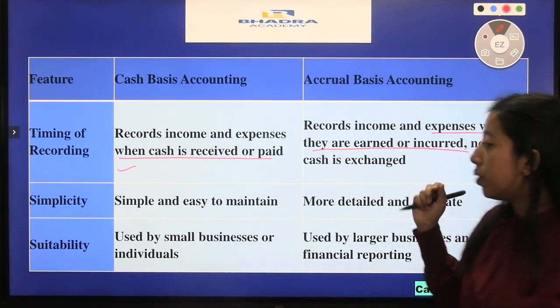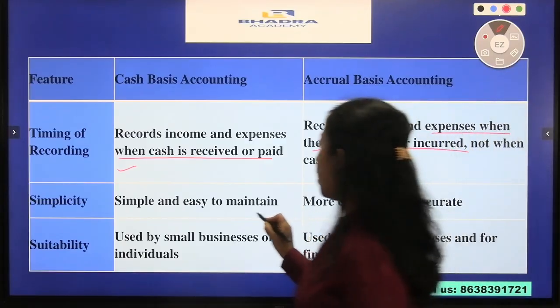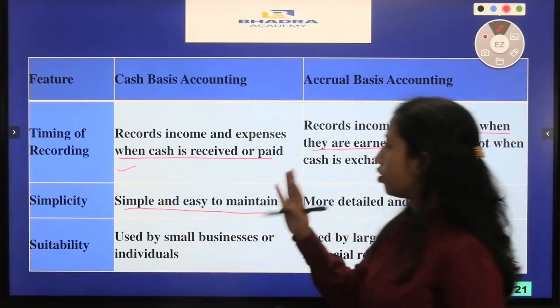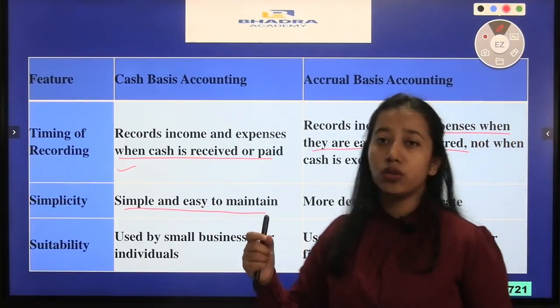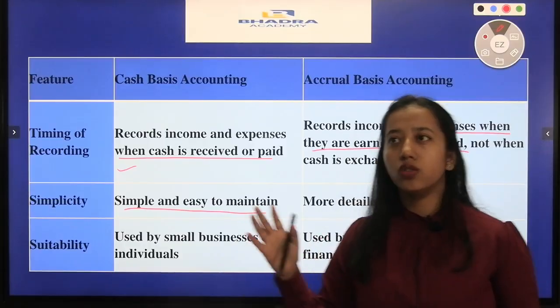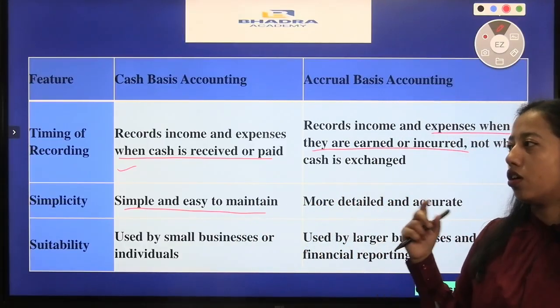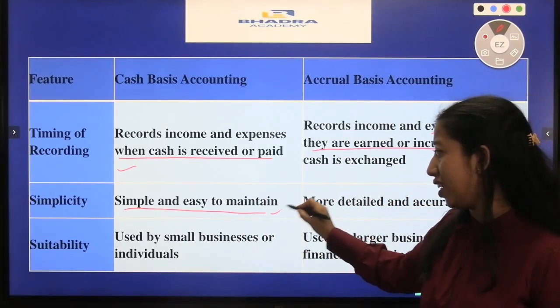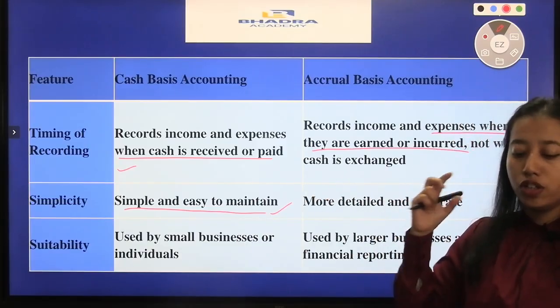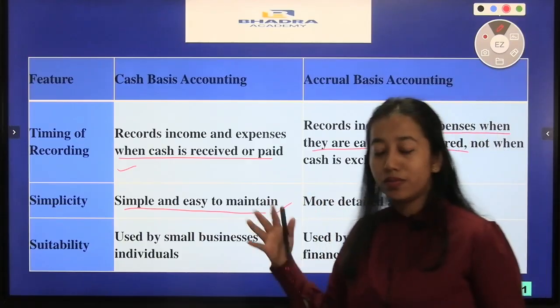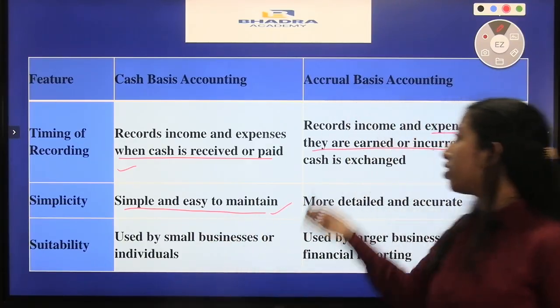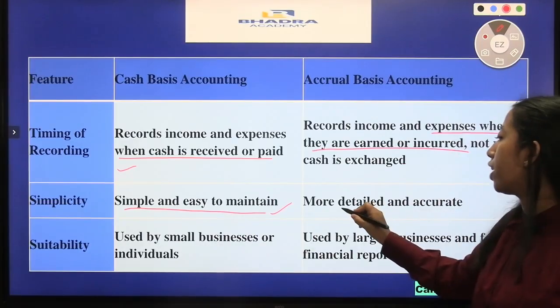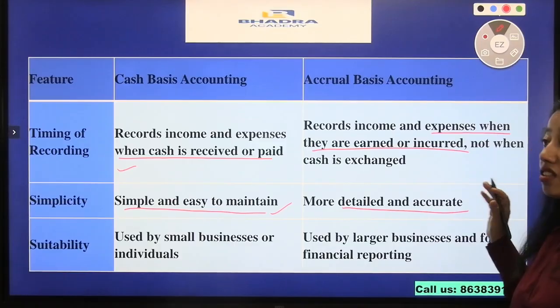Cash basis of accounting is simple and easy to maintain because when the cash comes in, the recording is done, and when the cash goes out, the recording is done. The person who keeps the record does not have to use much of his time. He just has to record it. But in the case of accrual basis, more detailed and accurate recording is done. Why?